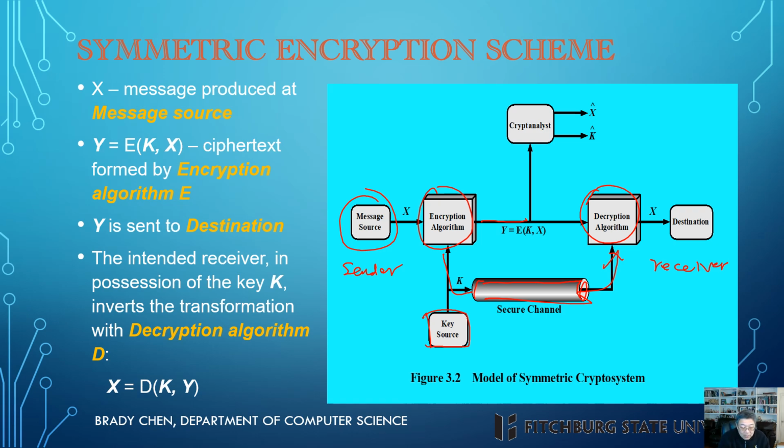Once you have the key, you can easily use the decryption algorithm to restore the original message. Because remember, both the encryption and decryption algorithms are known. We have to assume that these algorithms are publicly known.